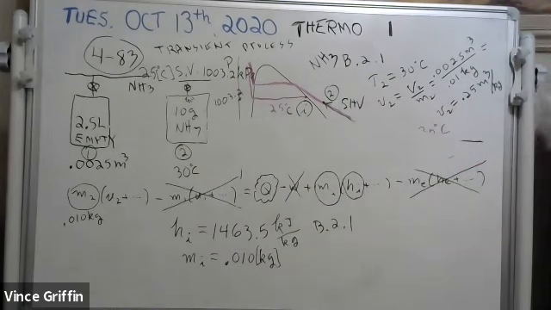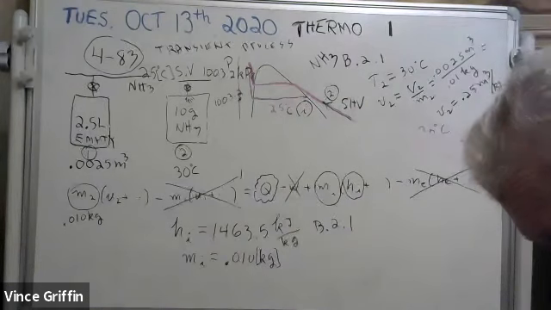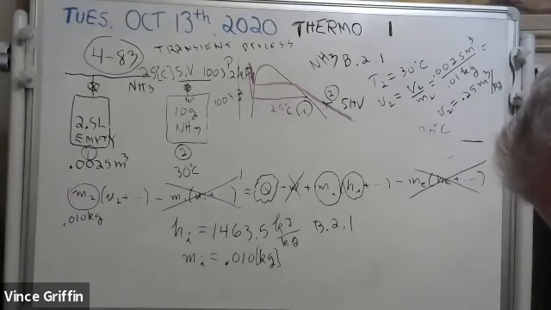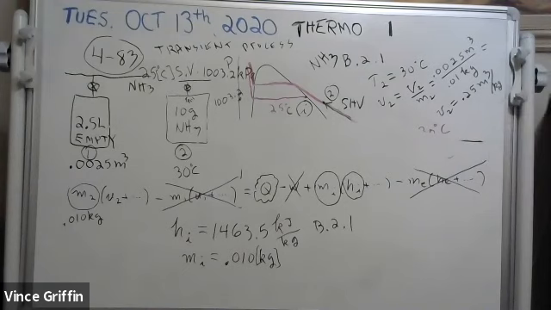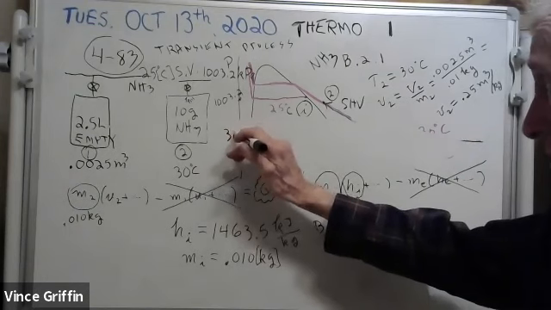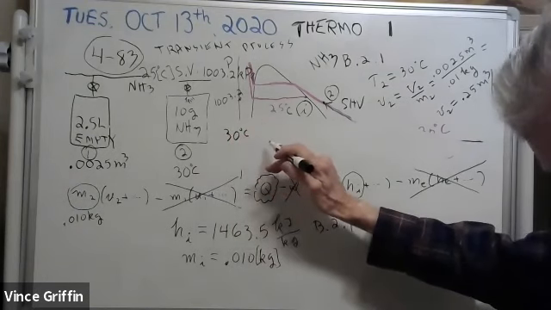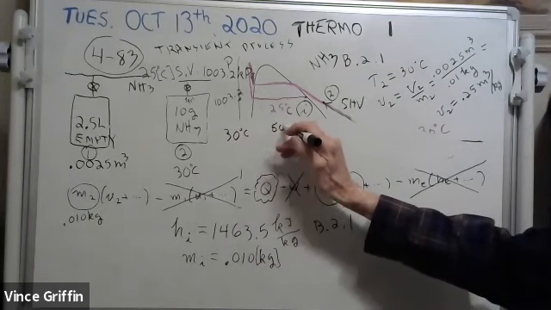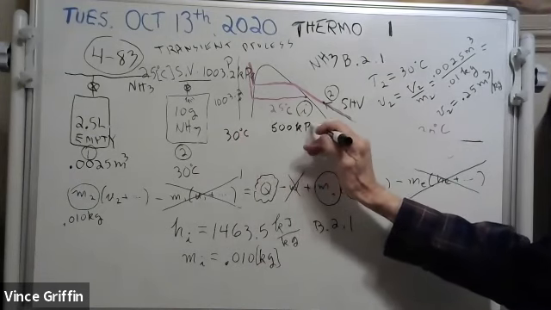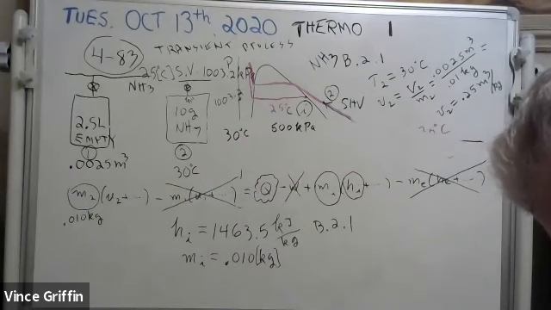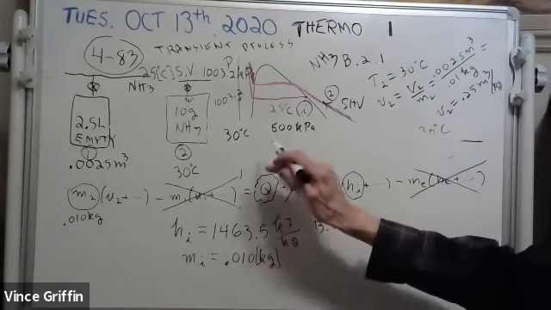What we want is 0.25 at 30 degrees Celsius. This might take you a while, but I'll tell you where it is. At 30 degrees Celsius, we are between 500 kilopascals, which has a V of 0.28103.